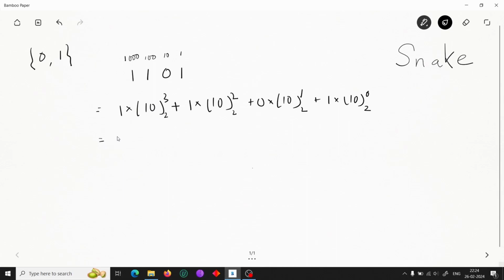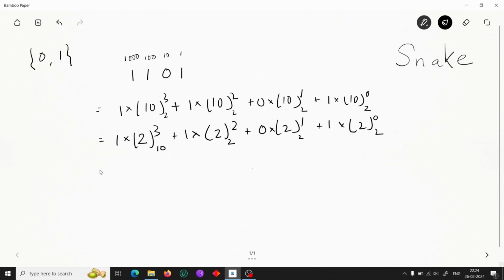So in base 10, it would simply be 1 times 2 to the power of 3 in base 10, plus 1 times 2 to the power of 2, sorry, not 10, my mistake, plus 0 times 2 to the power of 1, plus 1 times 2 to the power of 0.